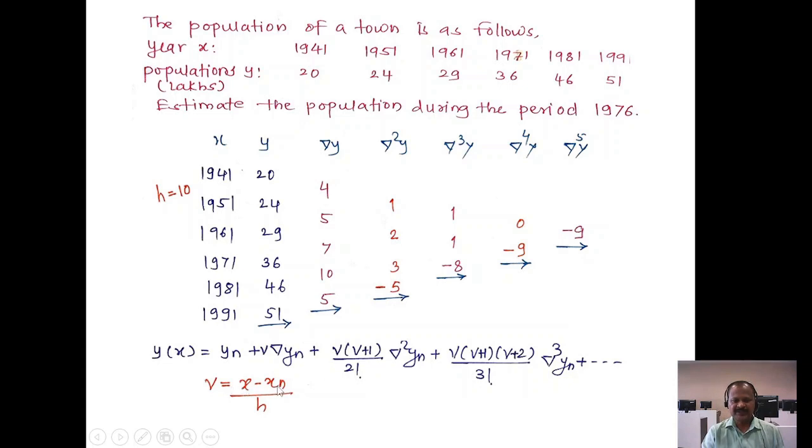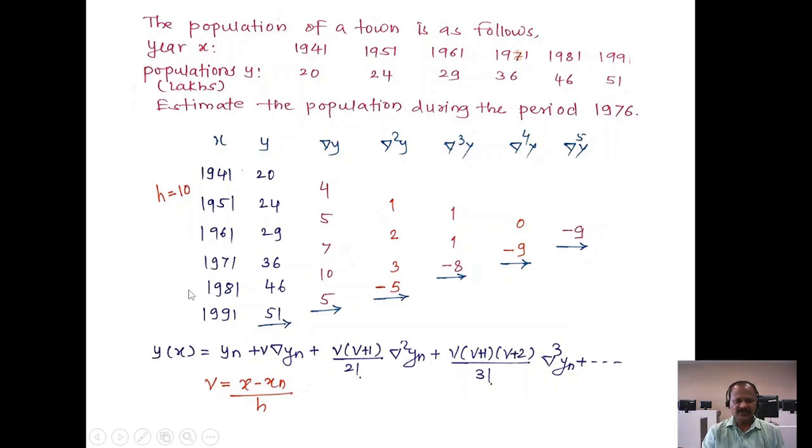Then you have to find v. The formula is x minus xn upon h. So what is x here? x is given, it is 1976, and what is xn? It is the last value of x, 1991, and what is h? It is the difference of x. So 1951 minus 1941 is 10. 1961 minus 1951 is again 10. 1971 minus 1961 is again 10.